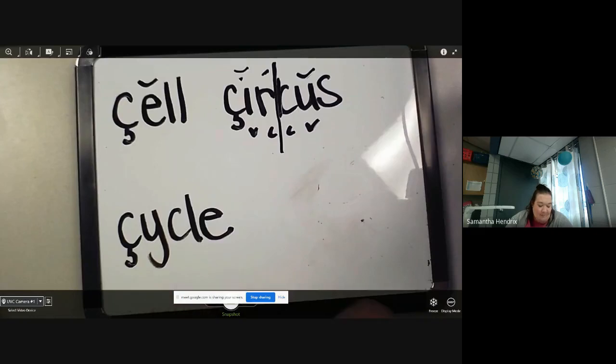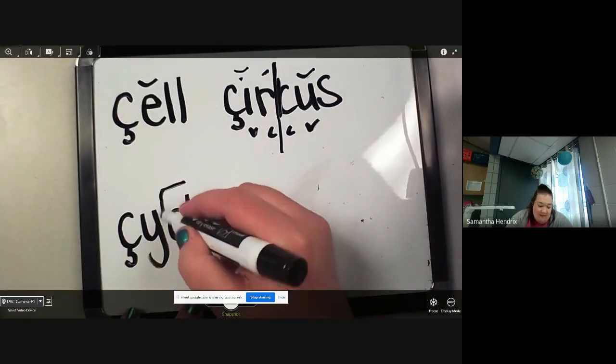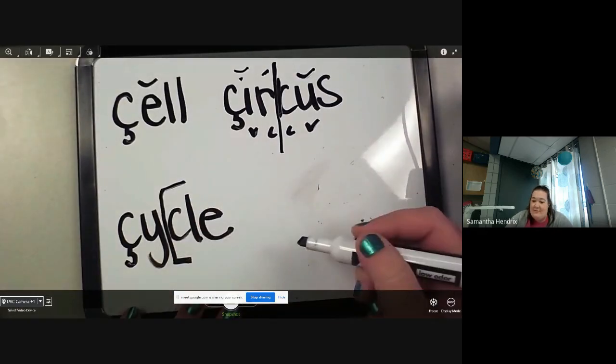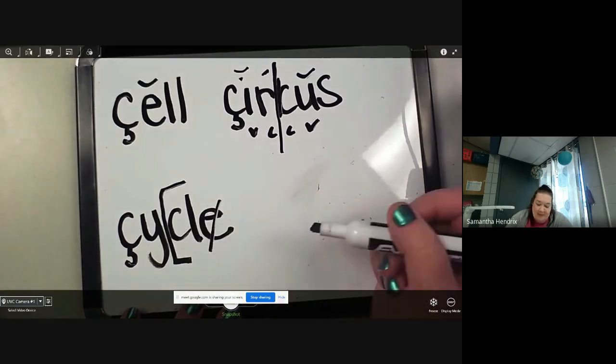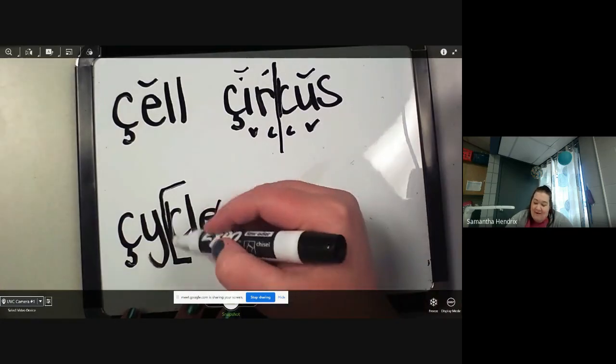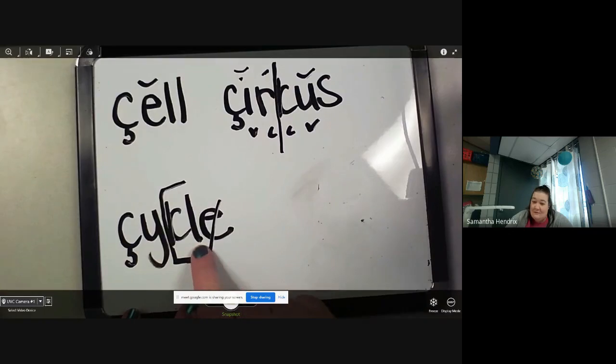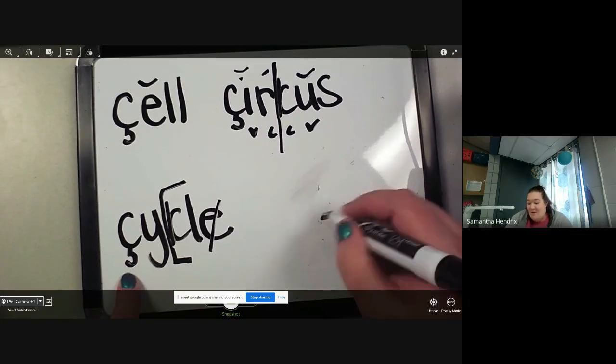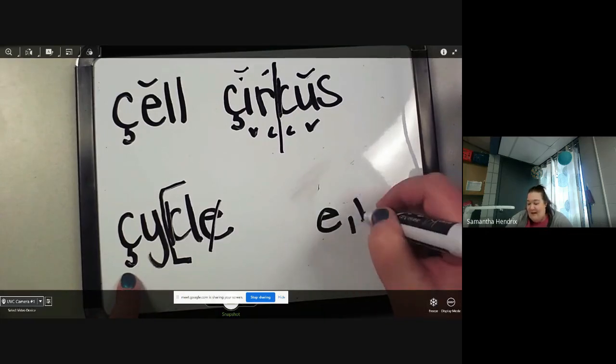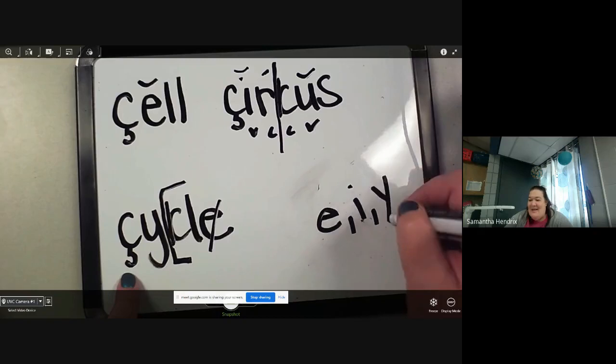Okay. Look, CLE, that's a final stable syllable. Okay. This gets a K back because it's followed by an L. Okay. Remember, cedilla C with the S sound, only if it's followed by an I, Y, or an E.